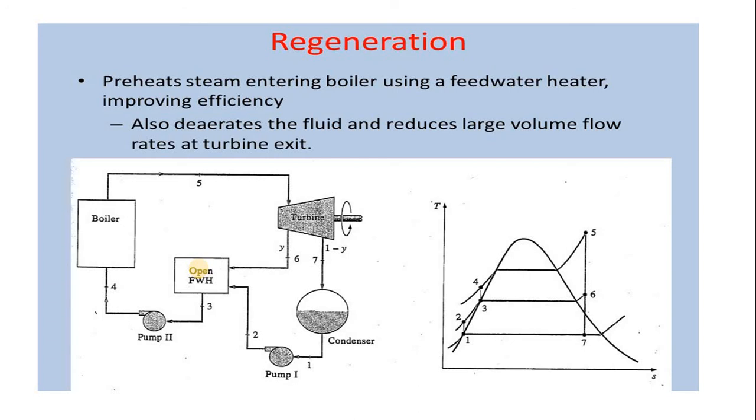So the maximum portion of the steam enters the condenser, and some amount enters the heat exchanger. The water available after condensation passes through that heat exchanger, where the heat of the steam is given to the feed water, and that feed water gets heated, and finally the heated water enters the boiler.